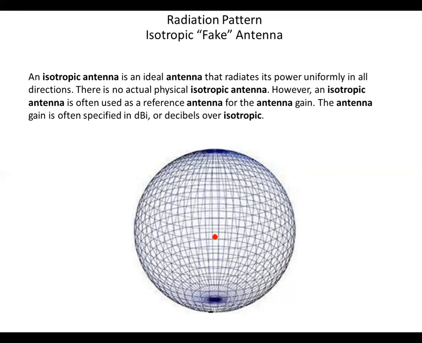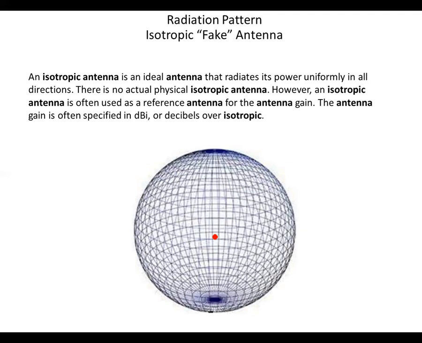You can have an electric field that way, but you can't get the electromagnetic field with a single point. Theoretically, the radiation pattern from a single point would be a sphere.